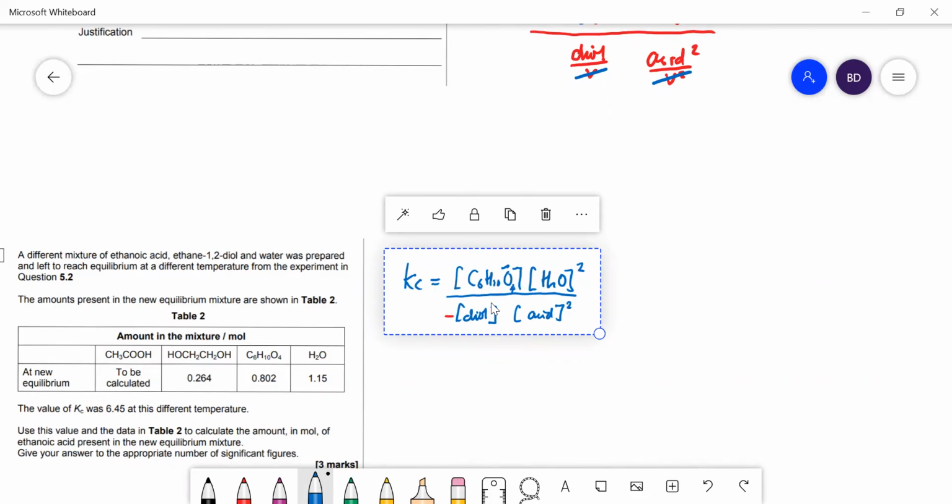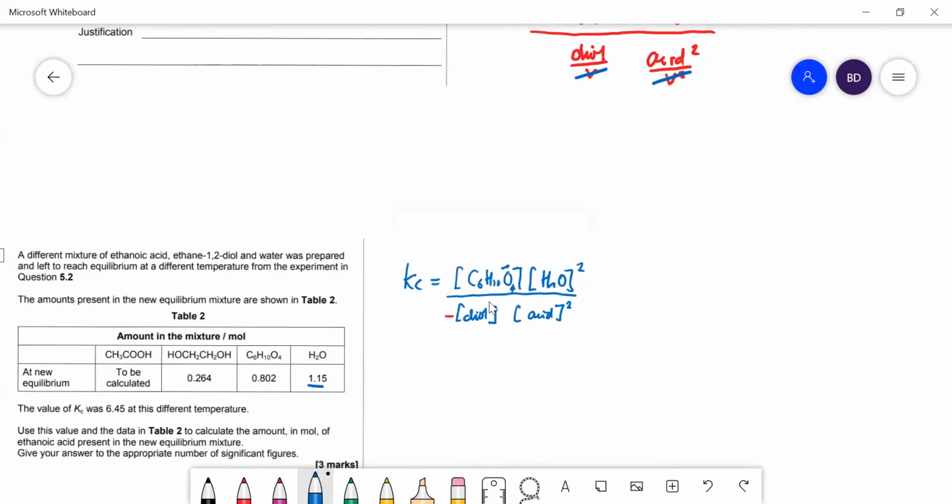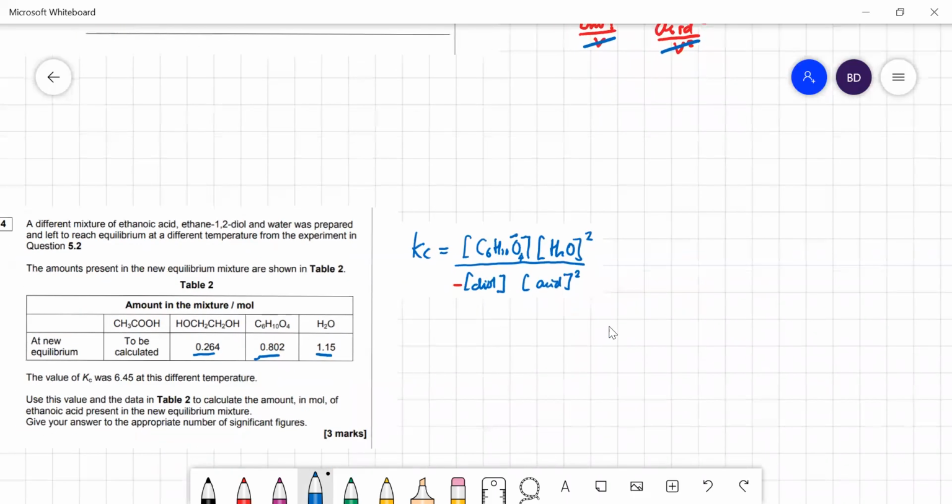It says a different mixture at the equilibrium. You've got all of these numbers of moles here, and we've got to calculate the concentration of the moles of ethanedioic acid, and they give us the value of Kc. So let's substitute into that expression for Kc then.